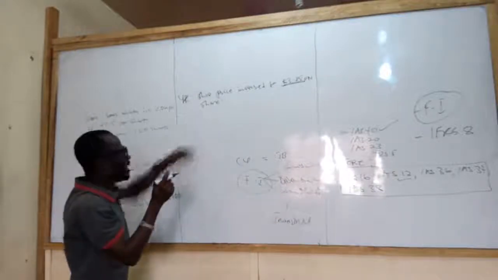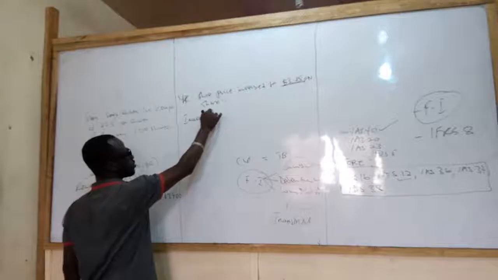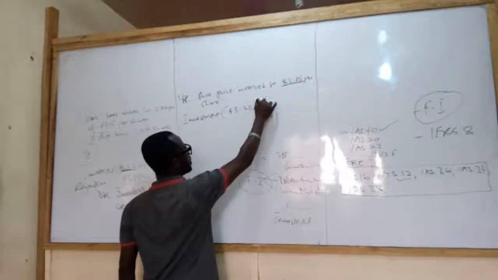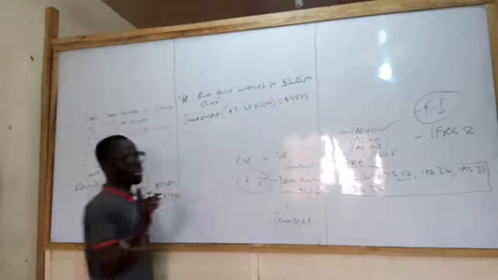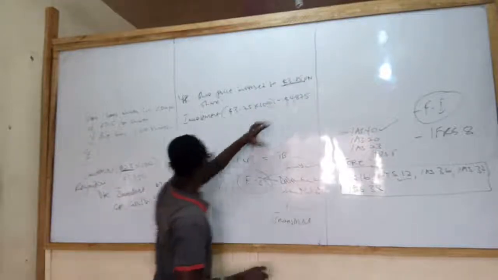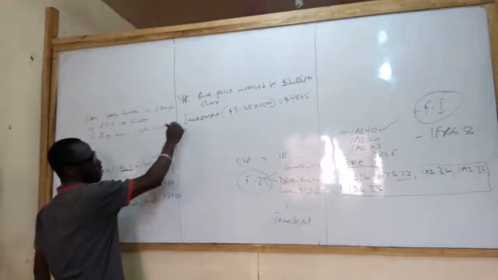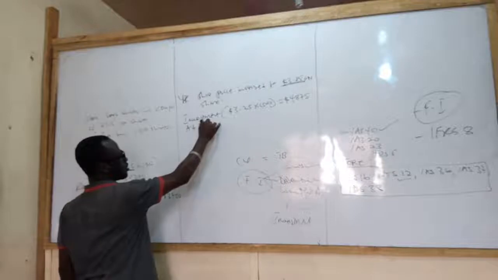So for the year end, your investment is now 3.25 by 1,500, which is 4,875. You will see that there is an increment. So find the difference for me: 1,125.